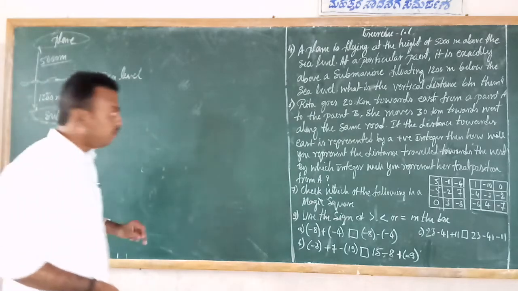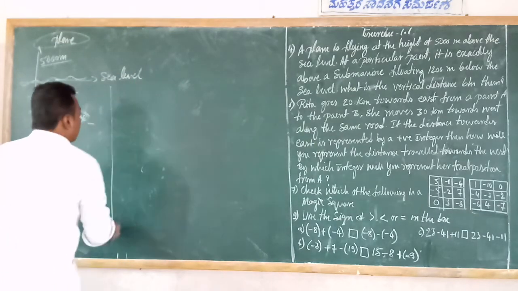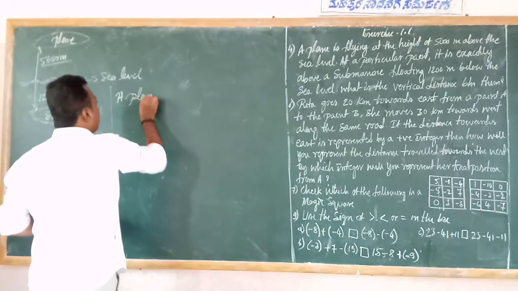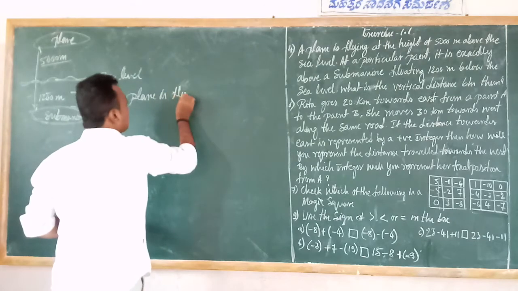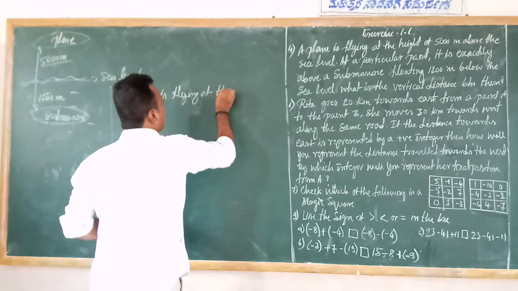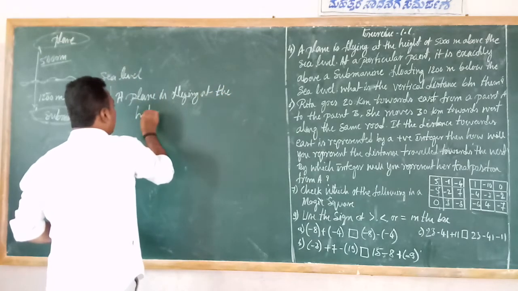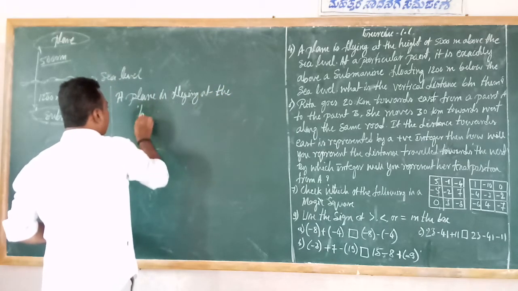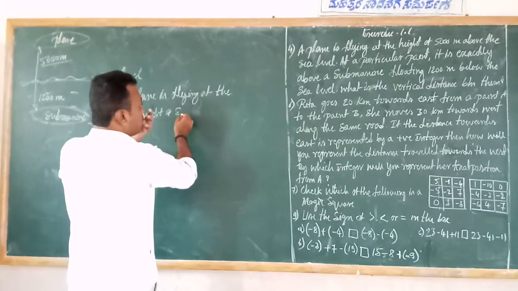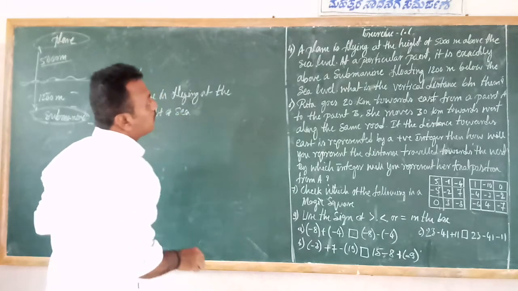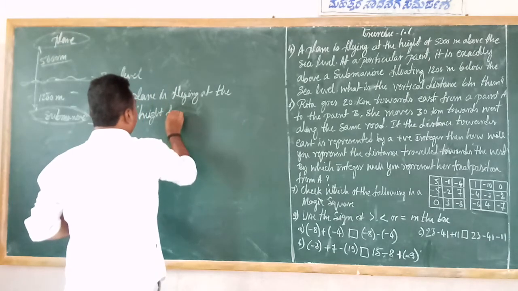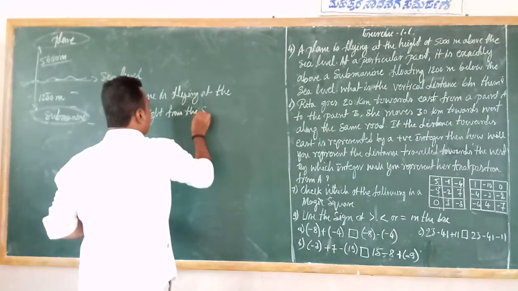Got it? So very simple, students. First, a plane is flying at a height from the sea level.